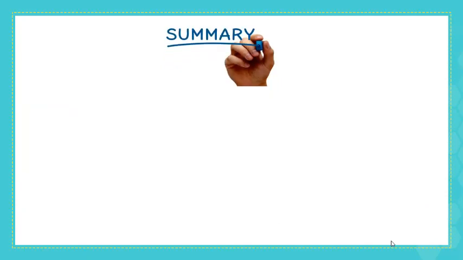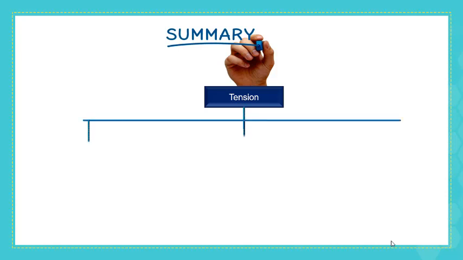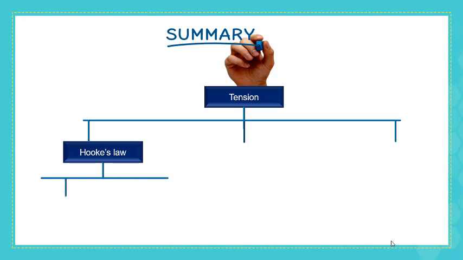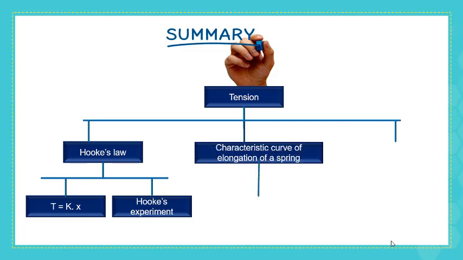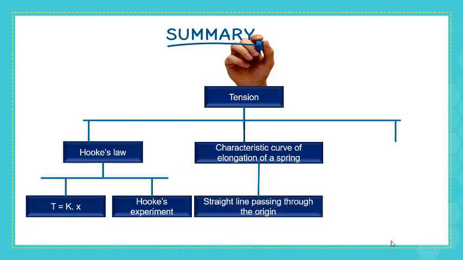Let's make a summary. We learned from the last two videos how to find the magnitude of the elastic force using Hooke's law, by applying this formula, T equal K multiplied by X. This formula is found using Hooke's experiment. Also, we studied the characteristic curve of the elongation of a spring, that is a straight line passing through the origin.